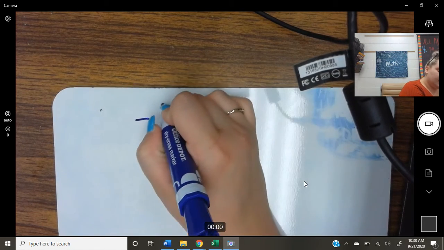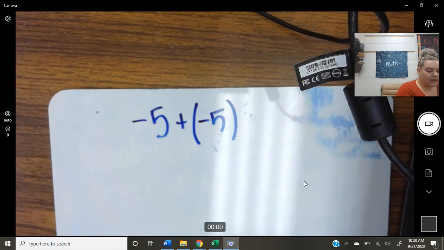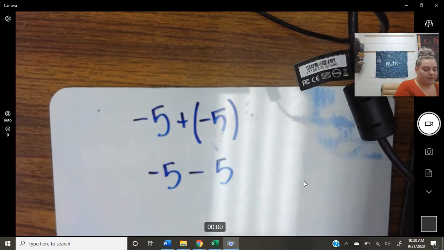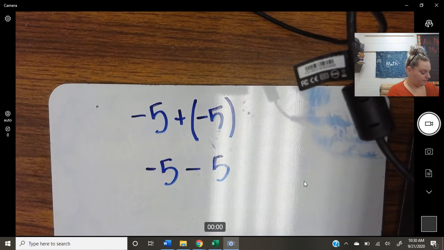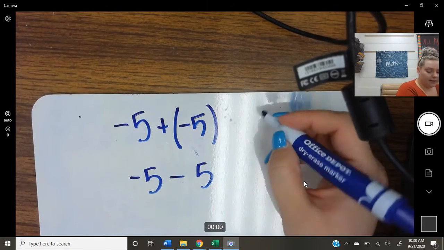Is negative 5 plus negative 5 the same thing as negative 5 minus 5? Are those the same? Well, let's see. Negative 5 plus negative 5.